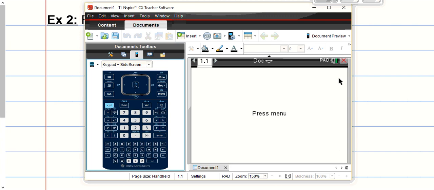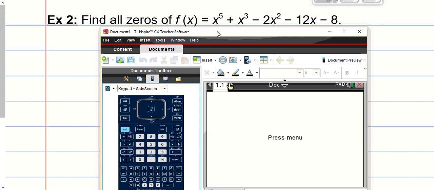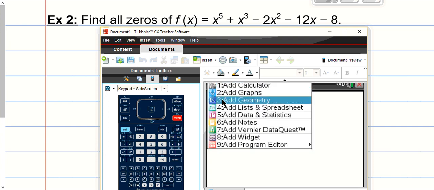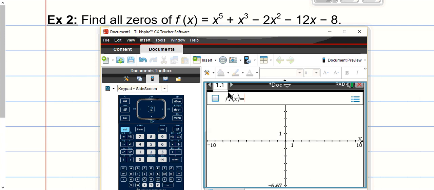All right, so pulling up this calculator, all we're going to do right now is plug that into our graph. So we are going to go to a graph screen. There we go.